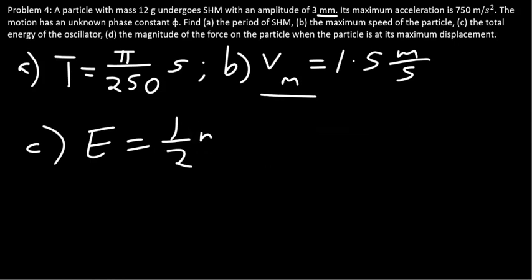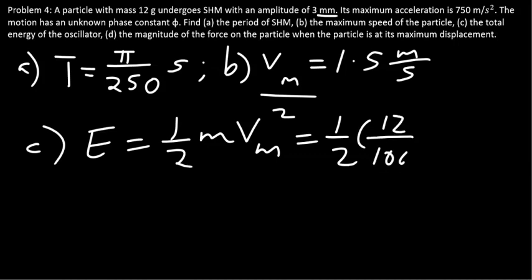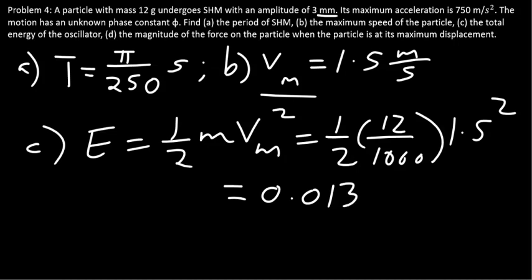So half mass of the system times the square of the maximum speed. So since the mass is 12 grams, convert that into kg, 12 over 1,000. v max is 1.5 squared, and that's going to give you 0.0135 joules.